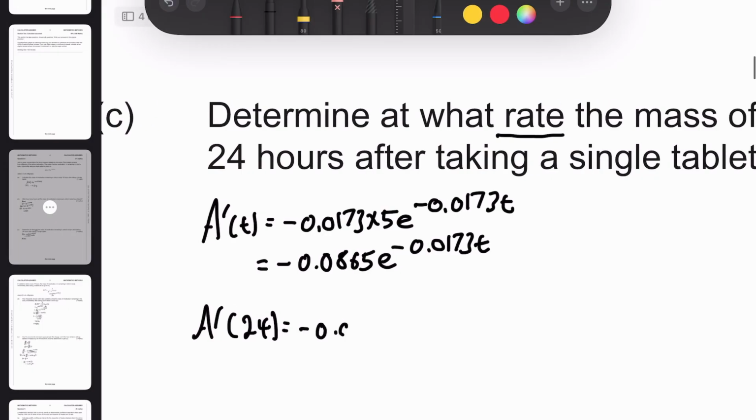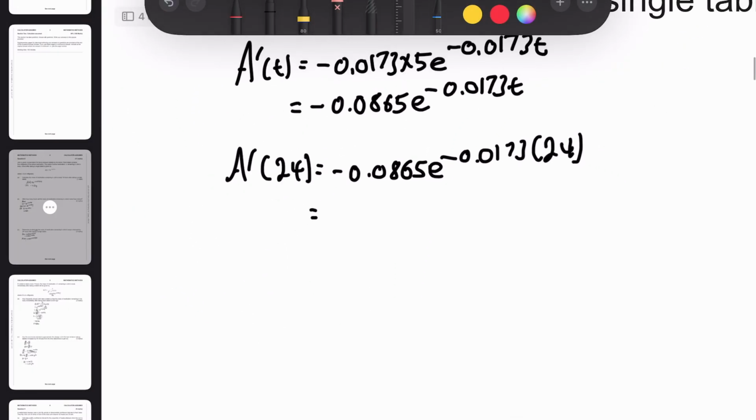So obviously that's going to be 0.0865 e negative 0.0173 times 24. Then just plug this in our calculator. Negative 0.0173 times 24. Then we get negative 0.057. This is going to be milligrams per hour.